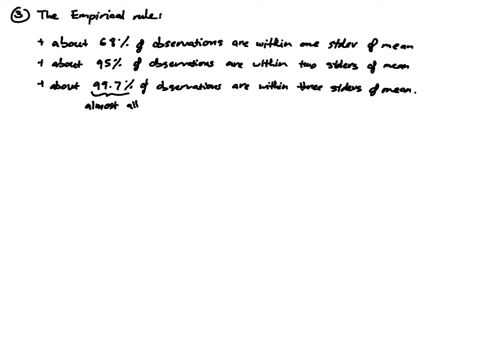So if you have the probability density curve, and if this is your mean, and we have one standard deviation here, so this is sigma x, this is sigma x, and then another sigma x, and then another sigma x, then we have the following.